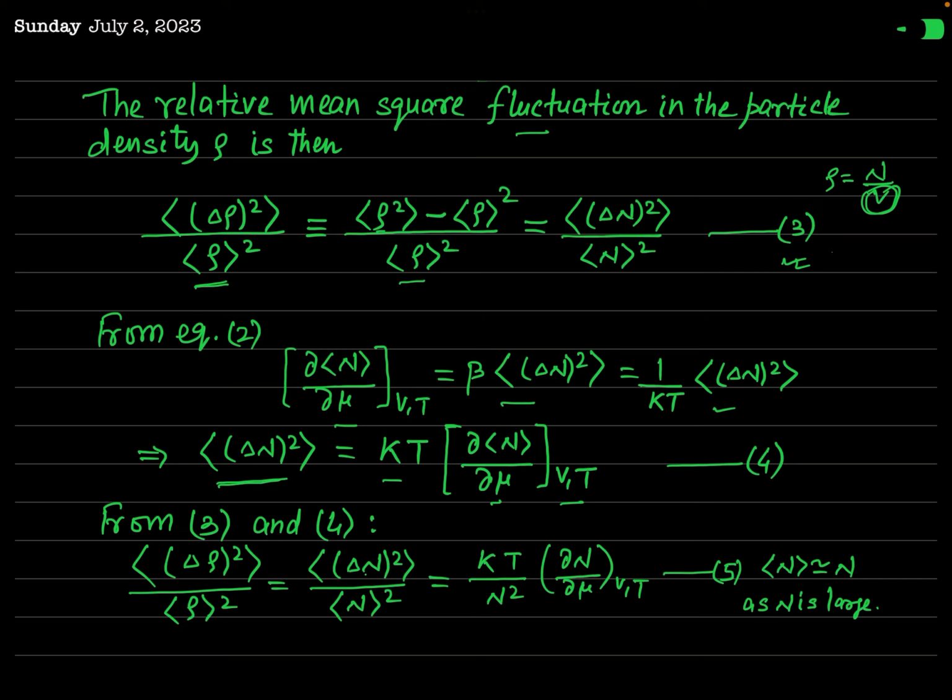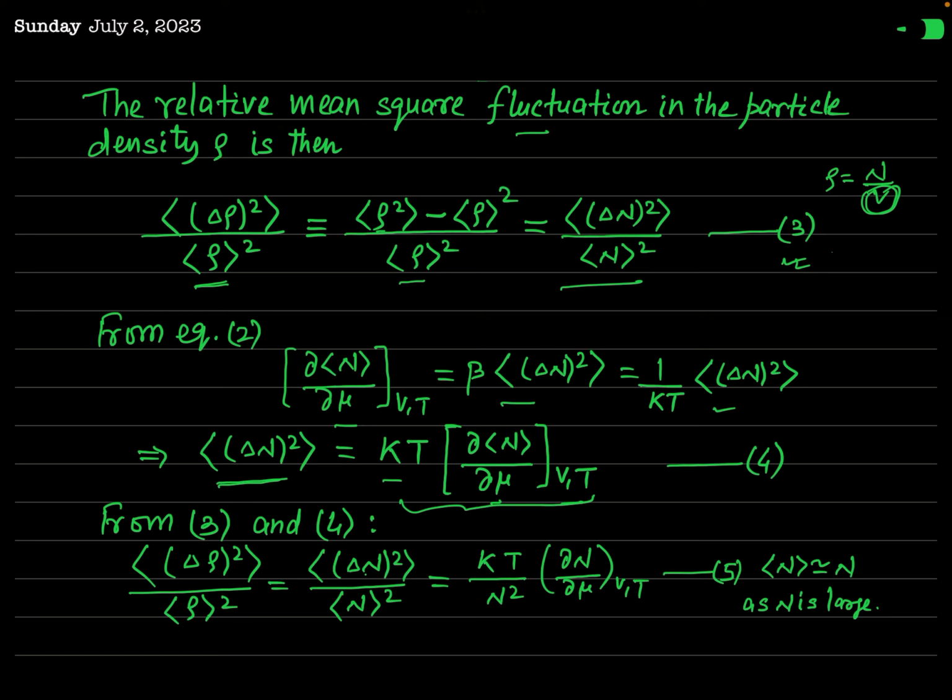And that will be equal to this much. So in place of this mean value of delta n square, we will write the expression which we have obtained in this equation number 4.